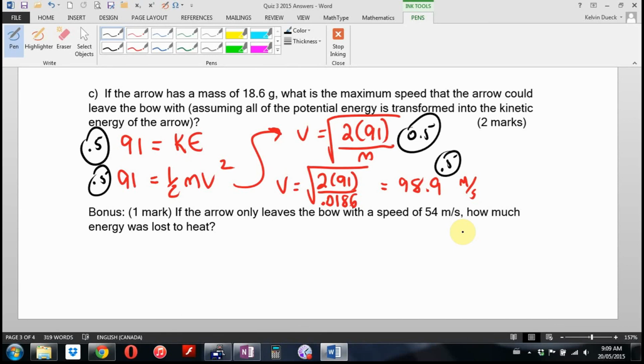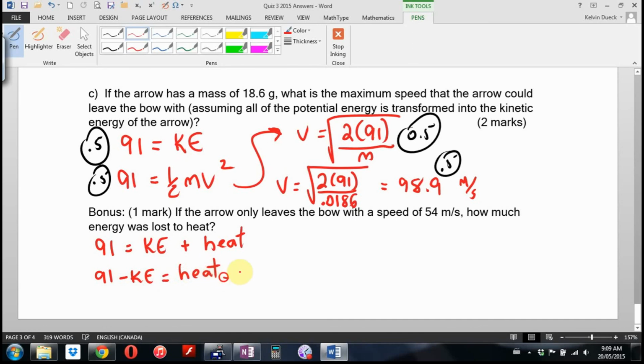Absolutely. Well, here I would say this, that 91 joules equals the final kinetic energy plus some of it went to heat. 91 minus the kinetic energy equals the heat.